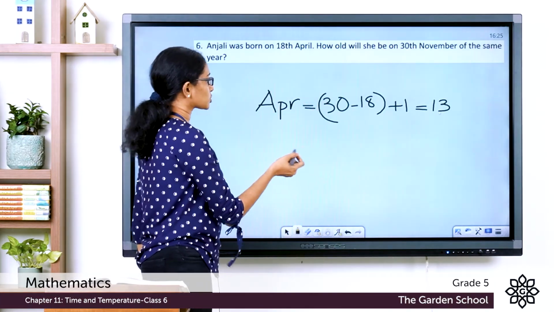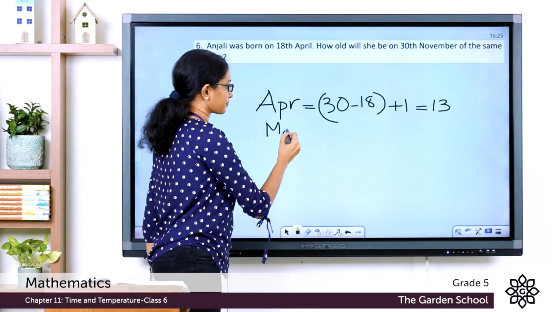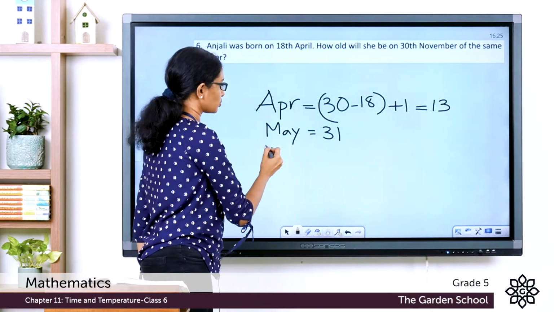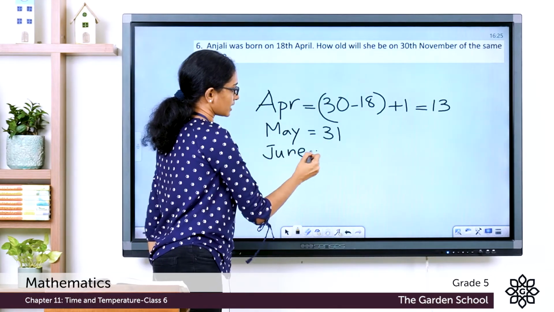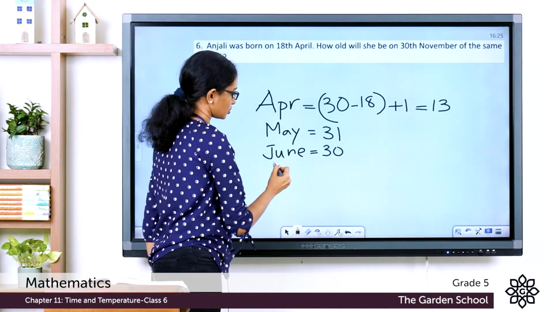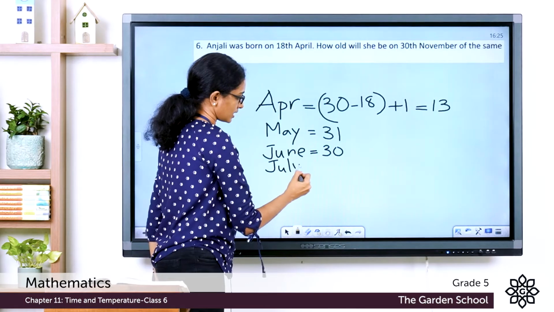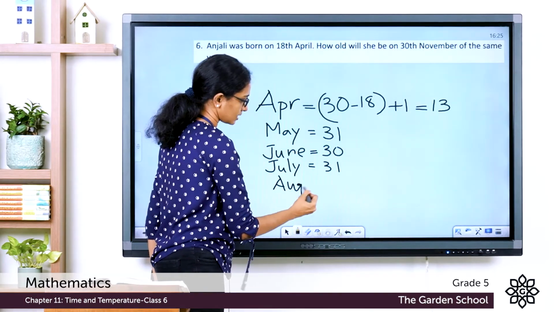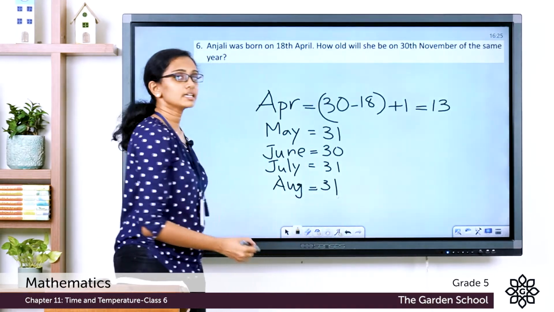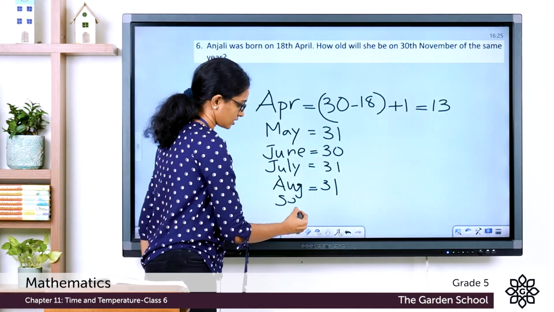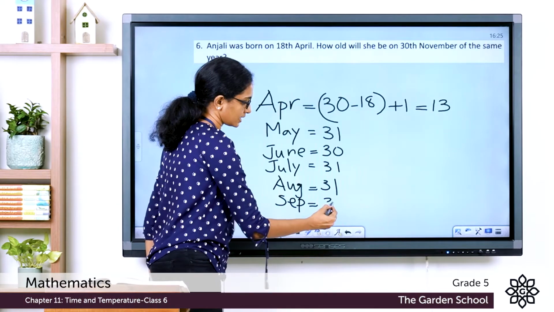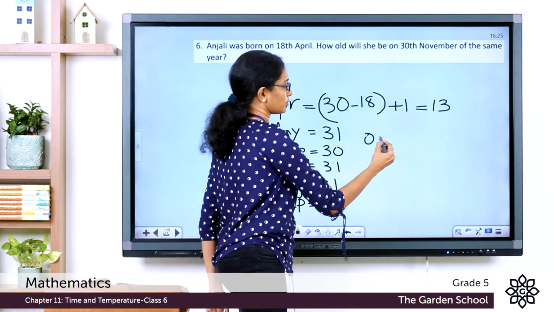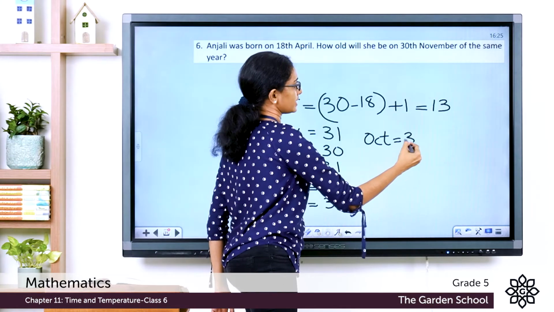Then, which is the next month, May. In May, there are 31 days. Then, June. In June, there are 30 days. July, there are 31 days. August, there are 31 days. Then, September, there are 30 days. Then October has also 31 days.